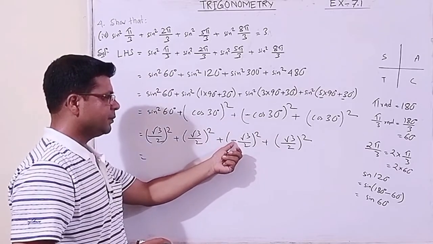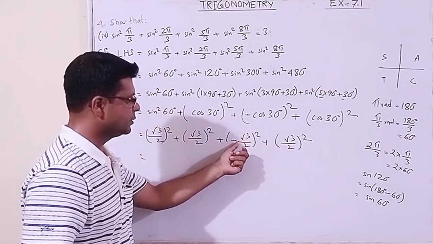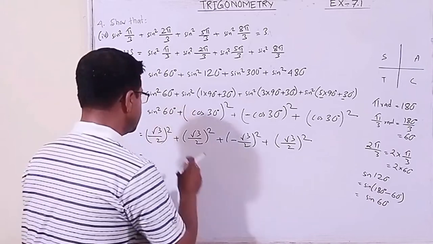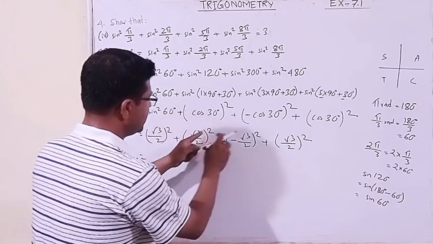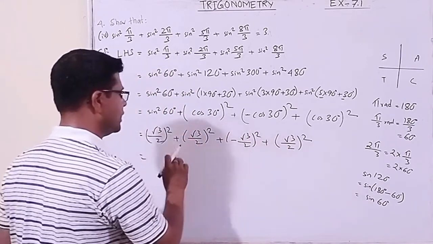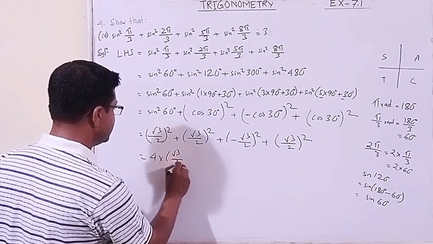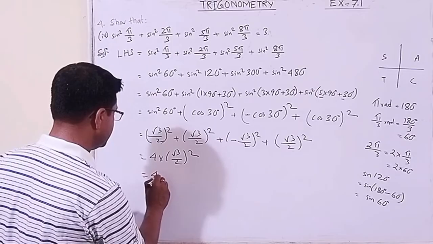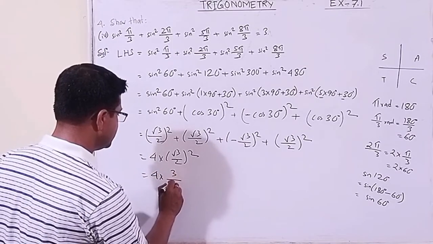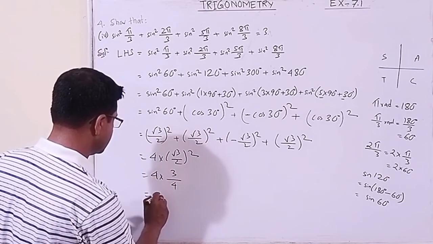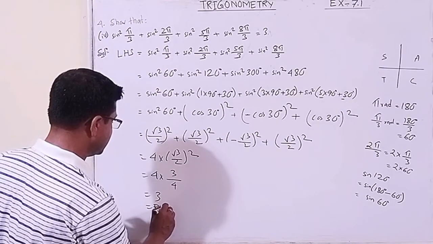Here you see this is minus squared, so it is also positive. There are 4 such terms, 4 into root 3 by 2 squared. So 4 into root 3 squared is 3, 2 squared is 4, the 4s cancel, it is equal to 3, the right hand side.